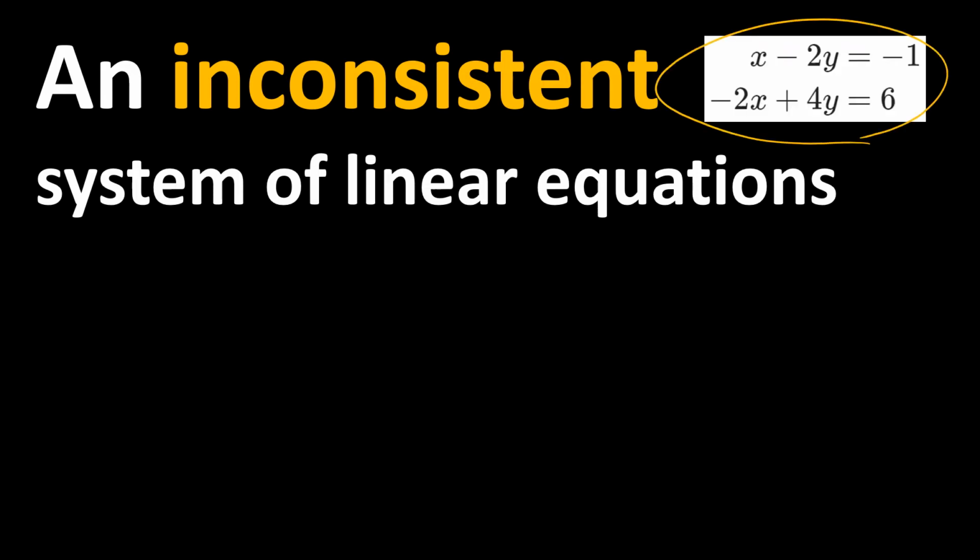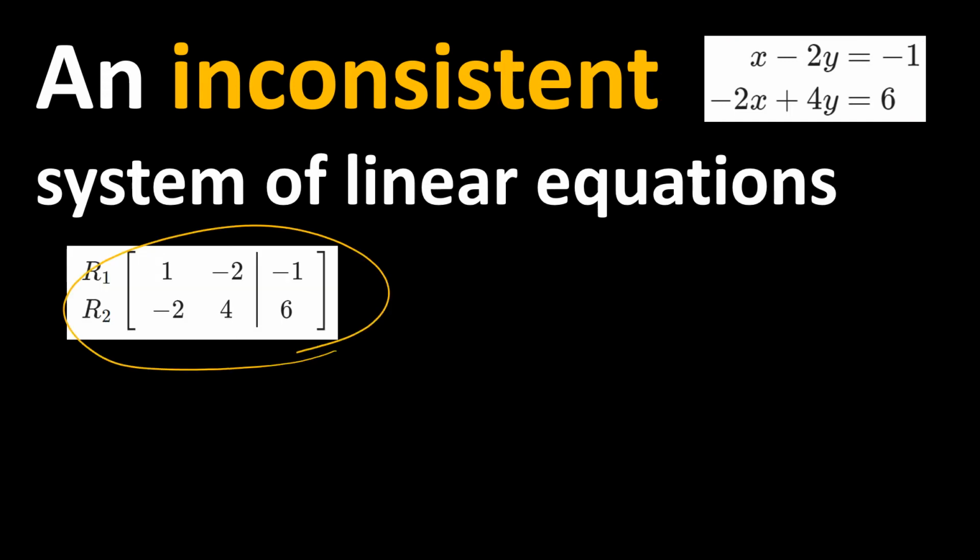Consider this system of linear equations in R2. We need to apply row operations on the augmented matrix to determine if this is a consistent system. The augmented matrix is this matrix that has the coefficients here and has a constant vector that is on the right hand side of the equation.